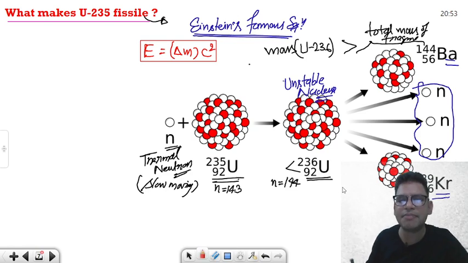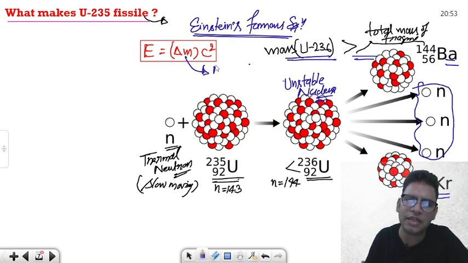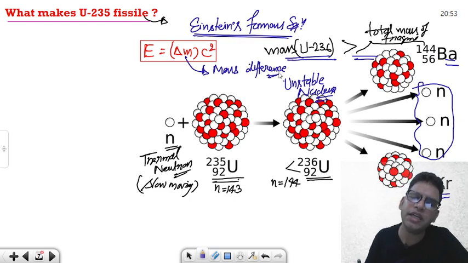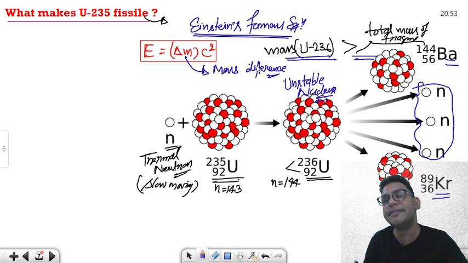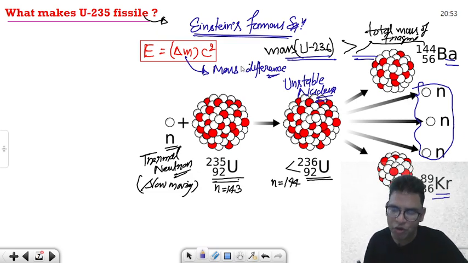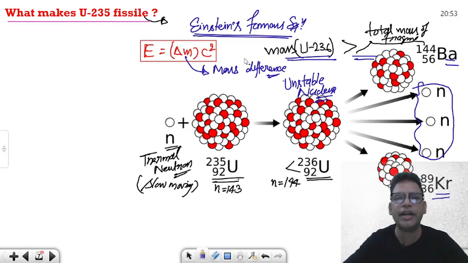It means there is some kind of defect. Where does this mass go? This mass difference, delta m, is converted into energy by Einstein's famous equation E equal to mc square. I hope you have understood, and each fission releases around 200 MeV of energy, right?